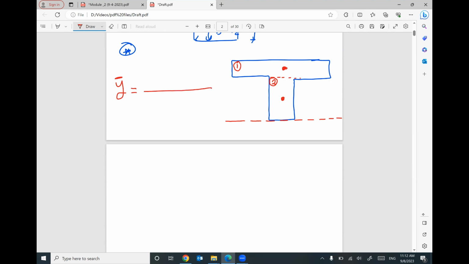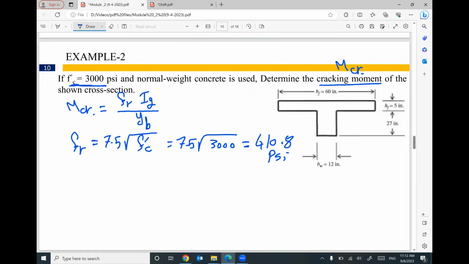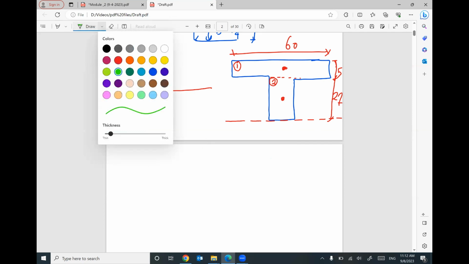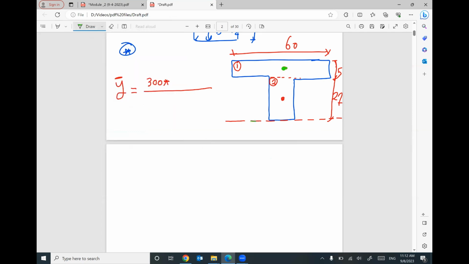the area of the first part. Do you remember what the dimensions are? 60 and 5. So the area of the first part will be 300. What is the vertical distance between the centroid of this part and your reference?